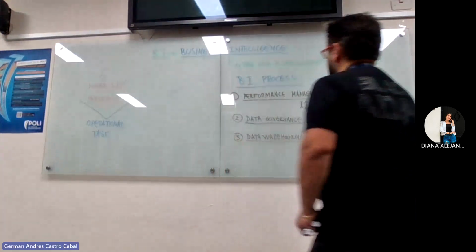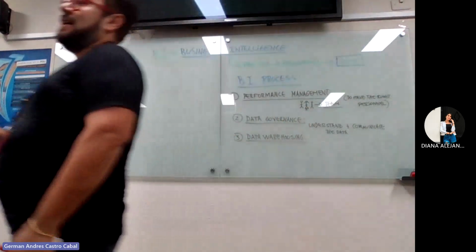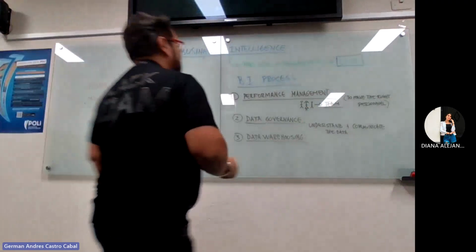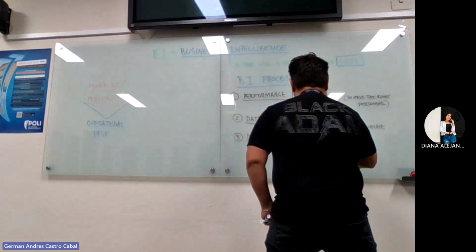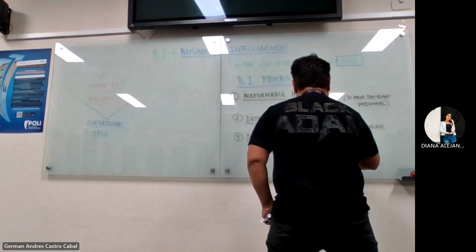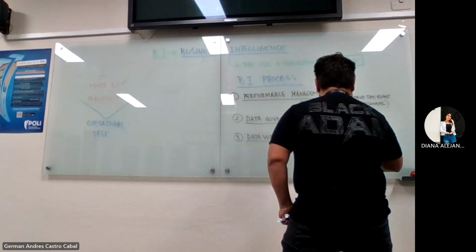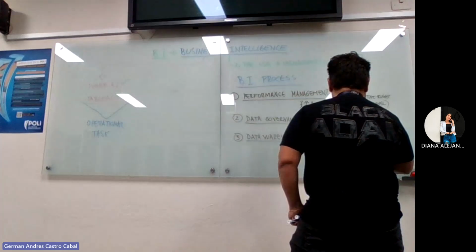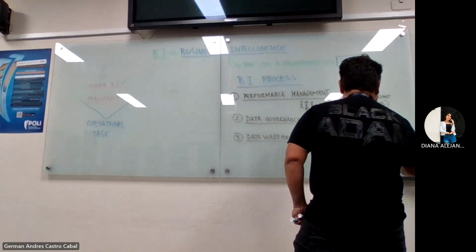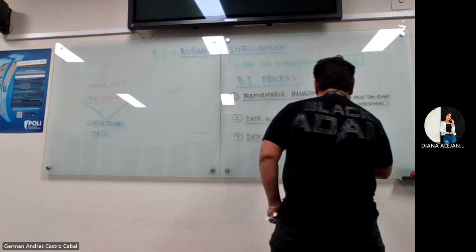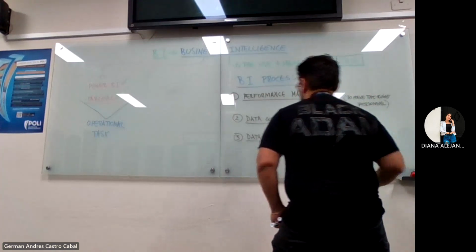Data warehousing is the step in which you keep, organize, and separate the data, to keep the data organized and separated.